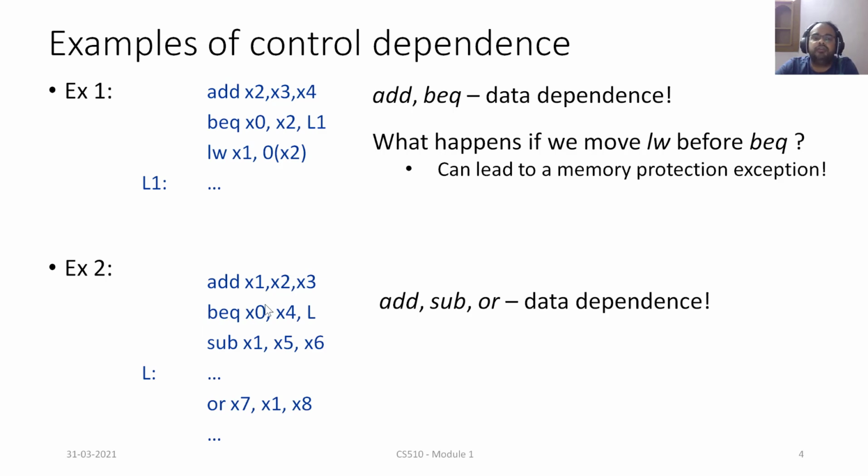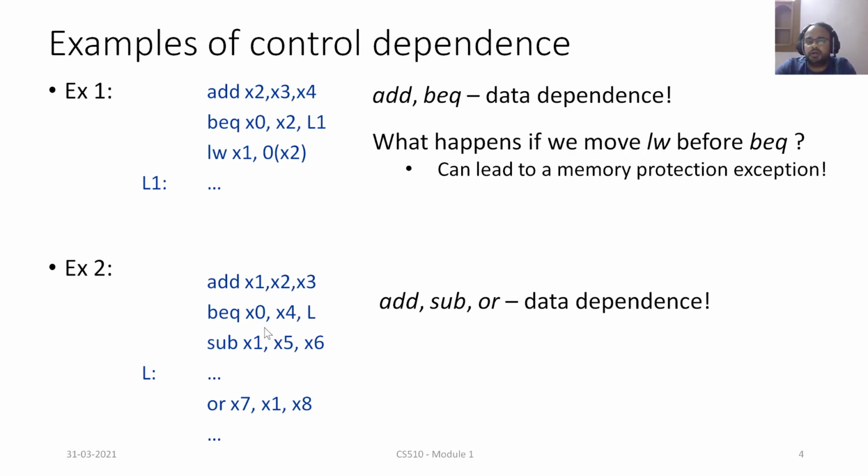If the value in x4 is 0, we directly jump to L, and the value of x1 is the outcome of the add instruction. But if the BEQ check of x0 and x4 fails, x1 is x5 minus x6, and that is what would be used in the OR instruction.